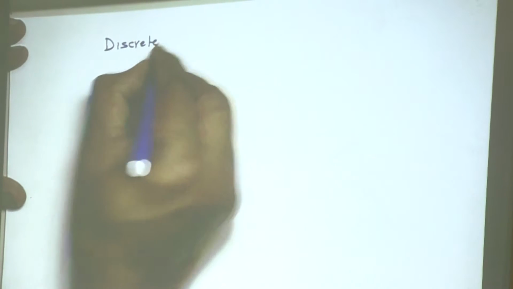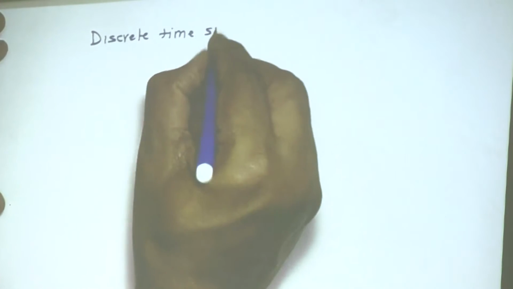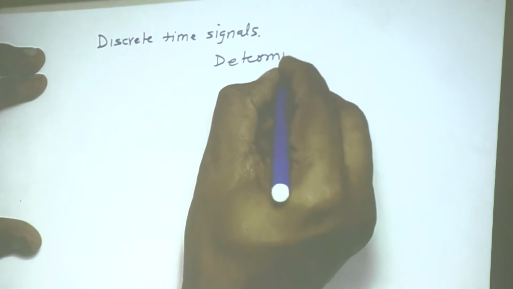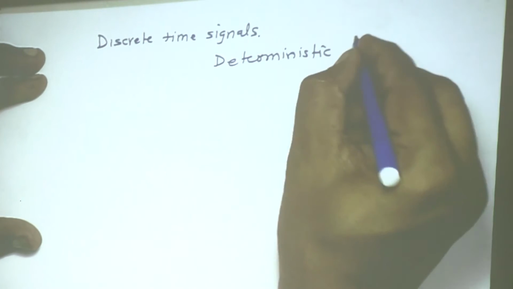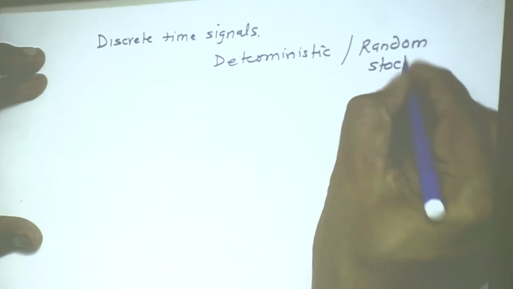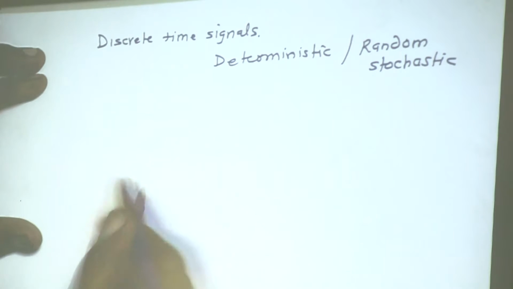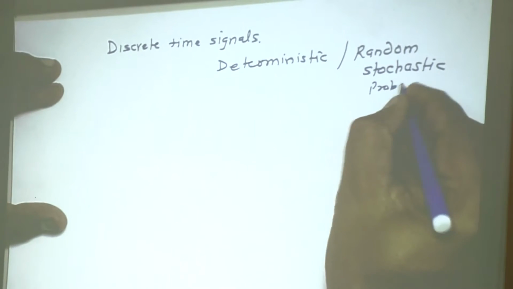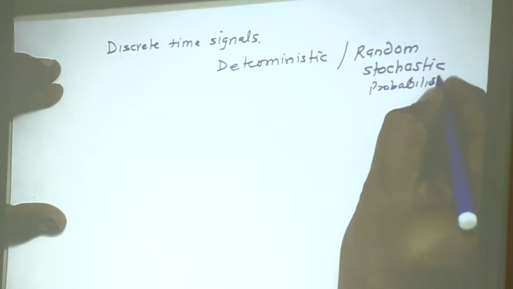Now let us see the classification of discrete time signals. What is a discrete time signal? Once again, they can be classified as deterministic versus random or stochastic or probabilistic, and so on.